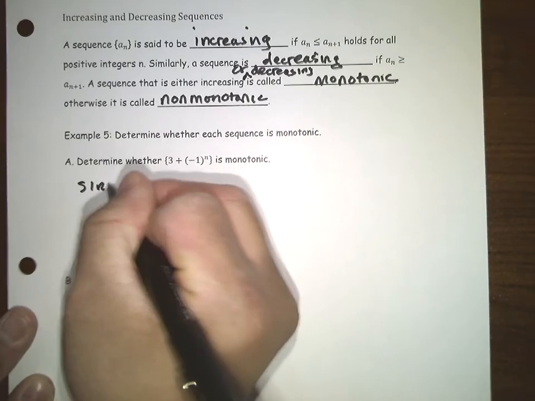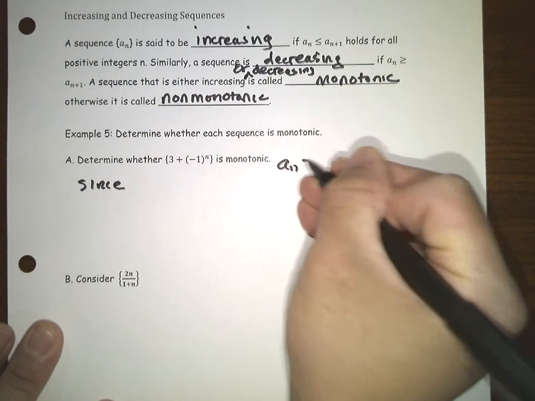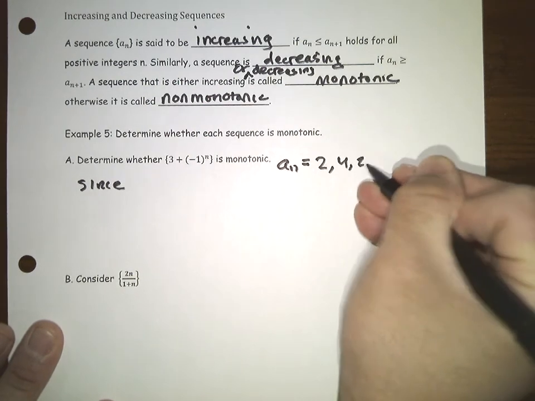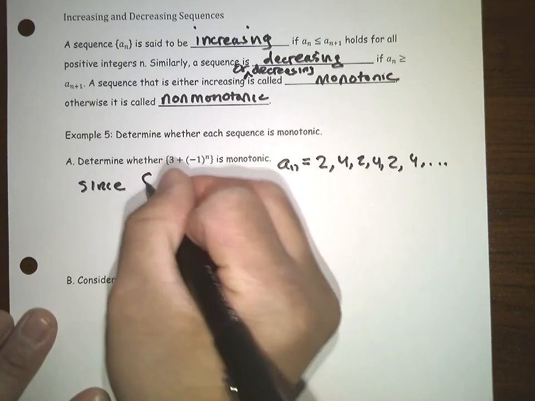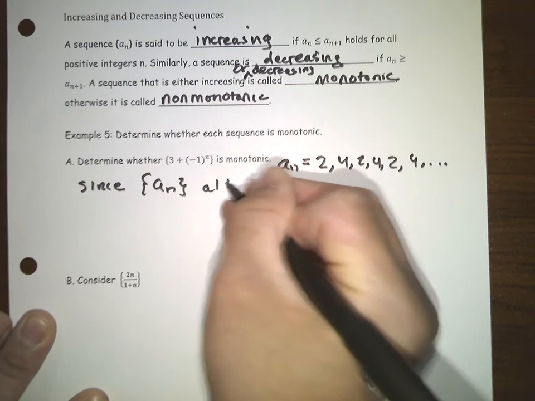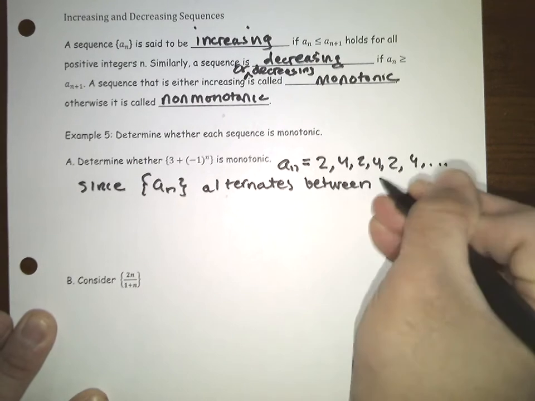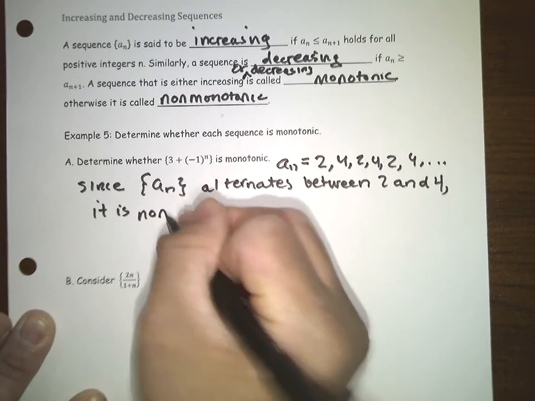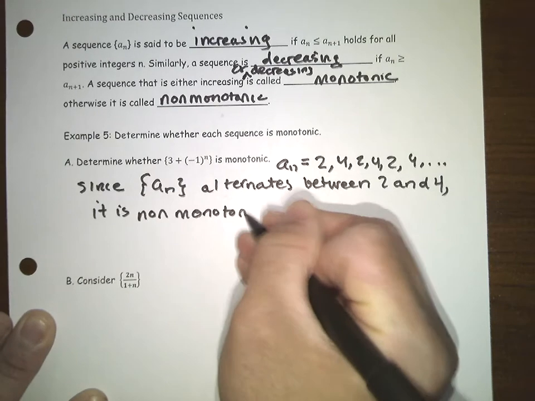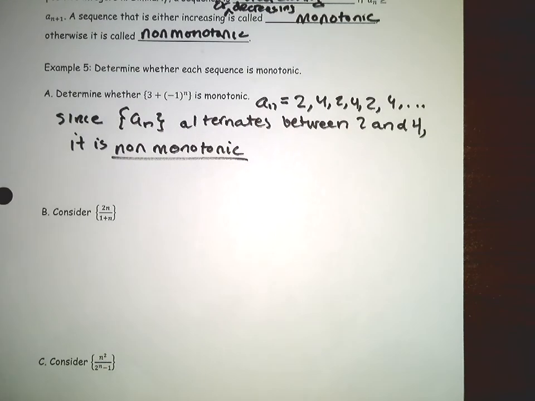So since a sub n alternates between the 2 and the 4, it is non-monotonic. We can see that it was neither increasing nor decreasing. It just alternated 2, 4, 2, 4, 2, 4.